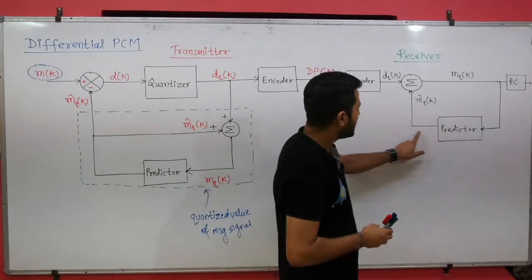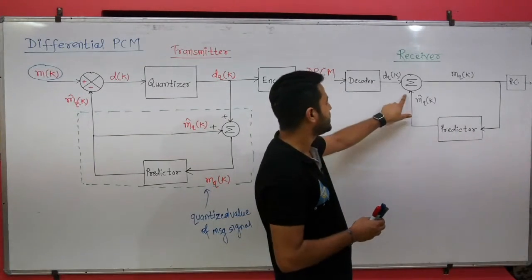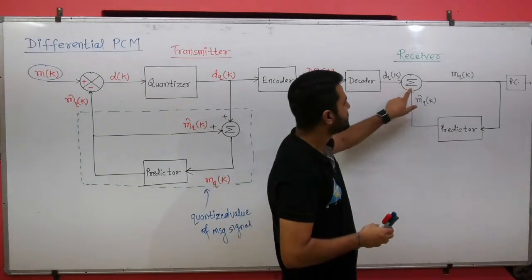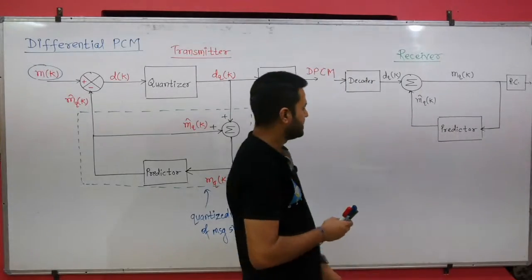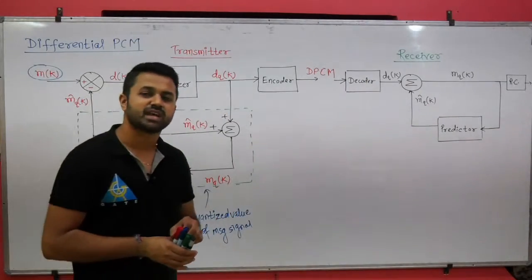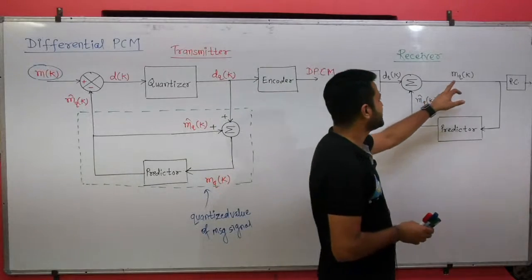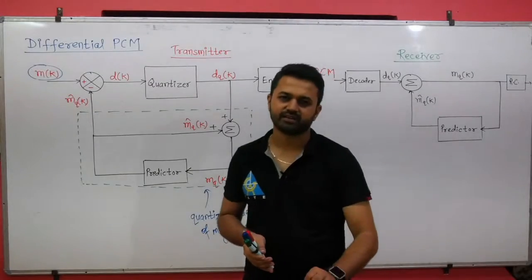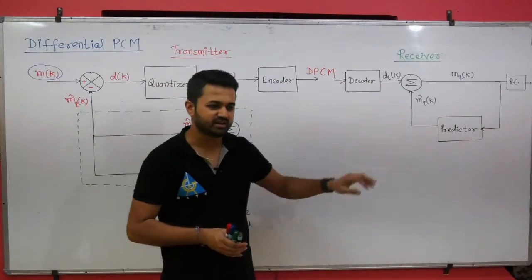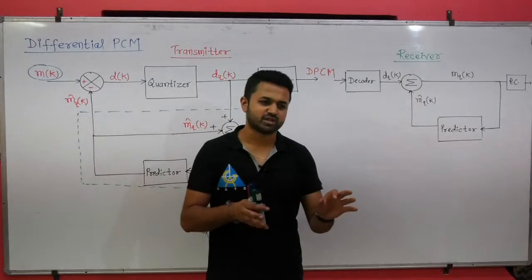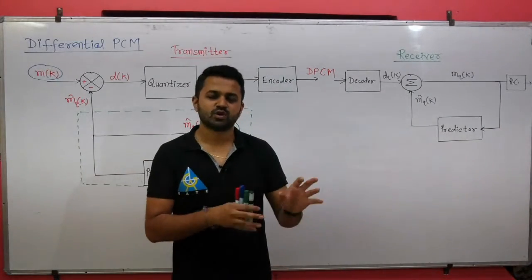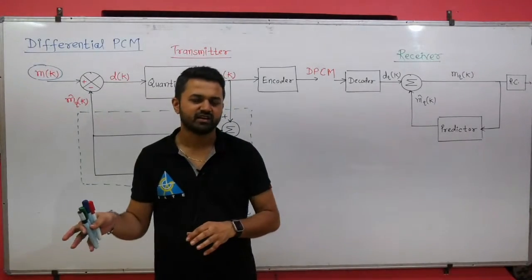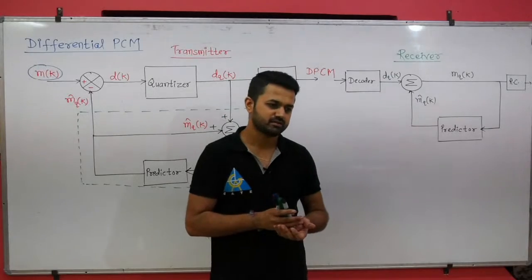So the predictor we have to place, and its output goes into the input of the adder. When we add these two, we get the quantized message signal. This m cap q is the quantized message signal, and it is passed through the reconstruction filter. The reconstruction filter and the low pass filter are the same. So after passing that quantized signal through a low pass filter, we get our message signal back.